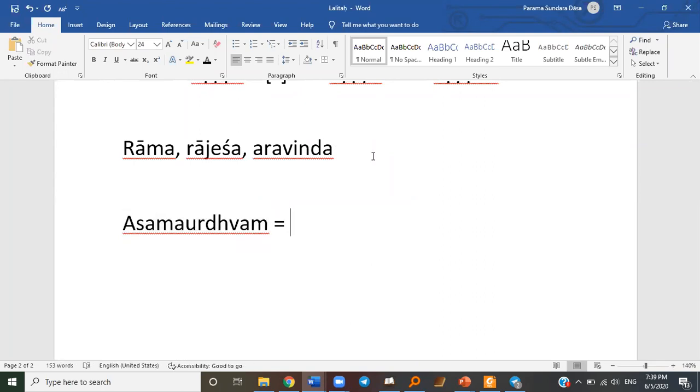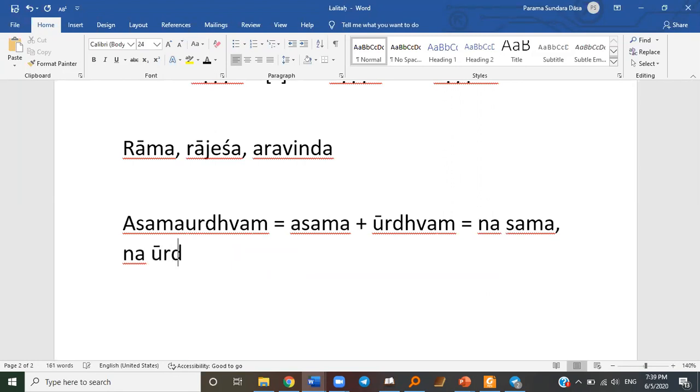Yes, Prabhuji. So when we break it, it is a sama and urdhvam. And if we undo the samasa, so it is na sama, and let's put a comma, na sama na urdhva. So there is no one equal to him and there is no one superior to him.